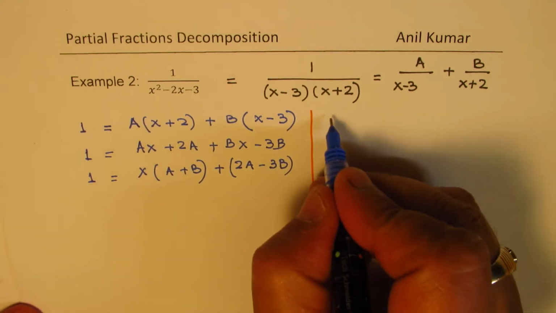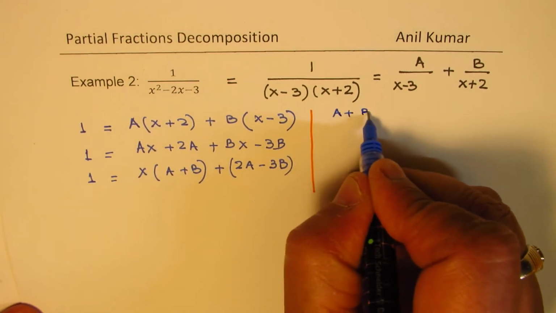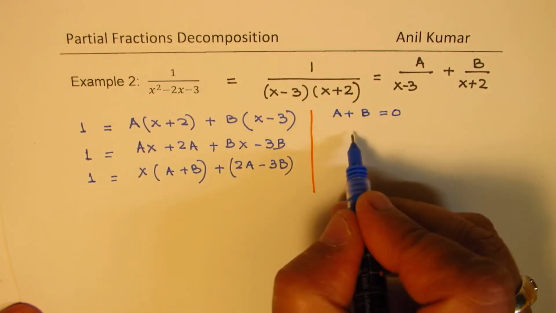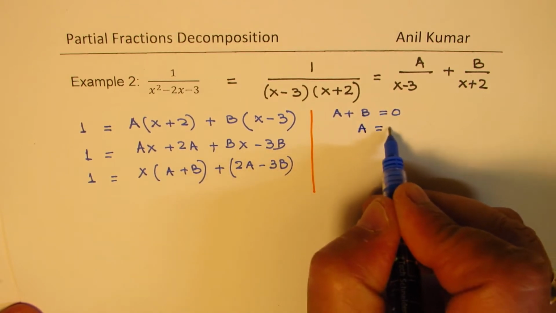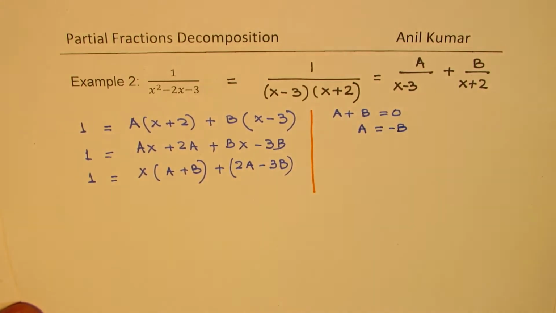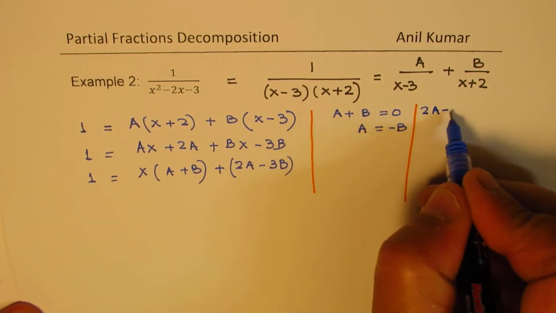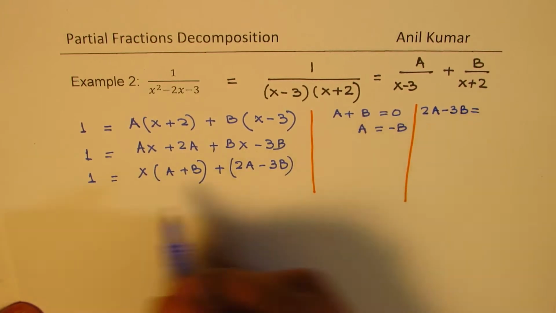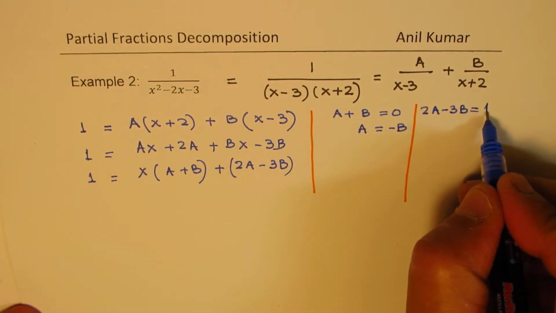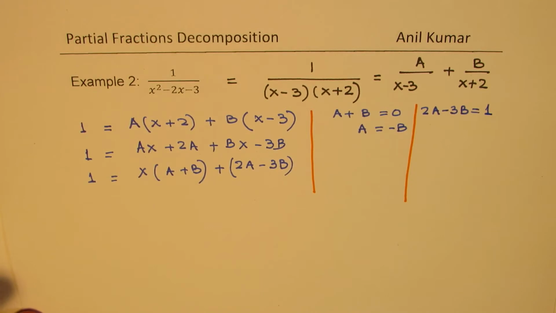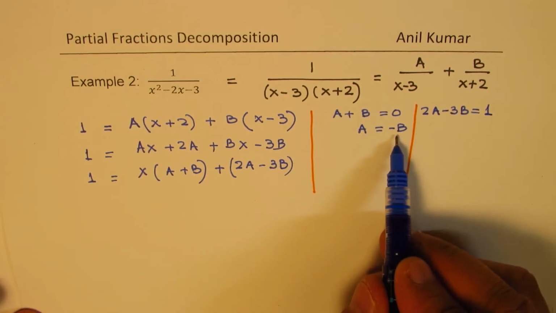So the first equation is that a plus b is equal to 0. And from here we can say a equals minus b, right? The second equation which we get here is 2a minus 3b should be equal to 1, since the constant on the left side is 1. Now we know a is minus b.